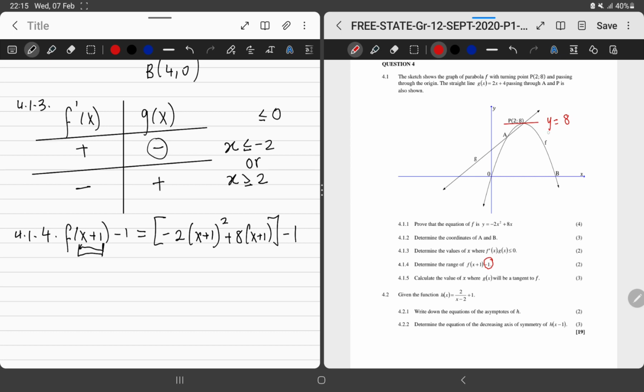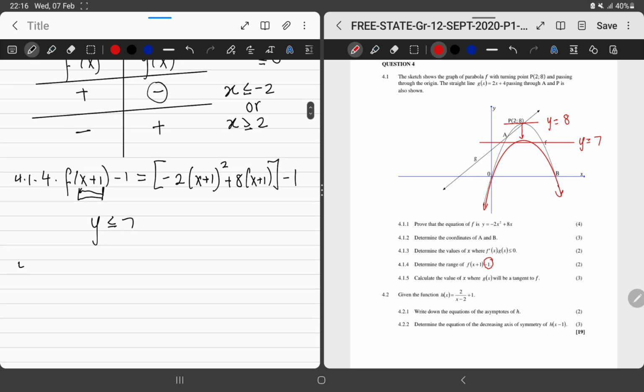So the turning point, this graph is going to shift to somewhere there, and then it's going to look like that. And then I've moved it 1 unit down. So the y value there should be 7. So the range will simply be y is less than or equal to 7. That's it.